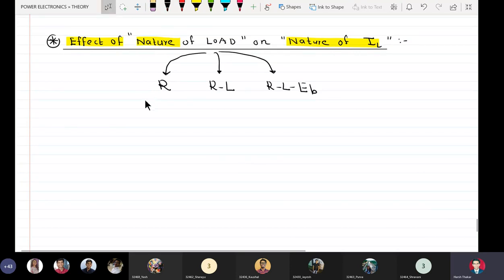Technically this is also called purely resistive load.